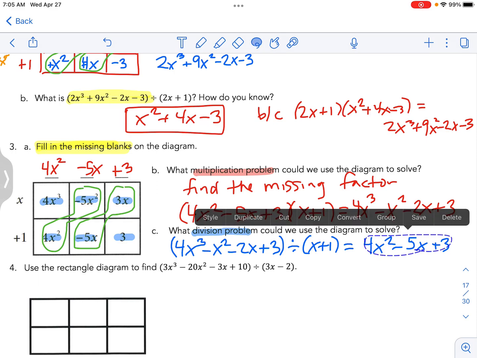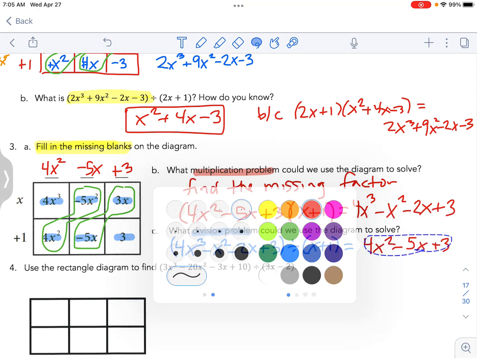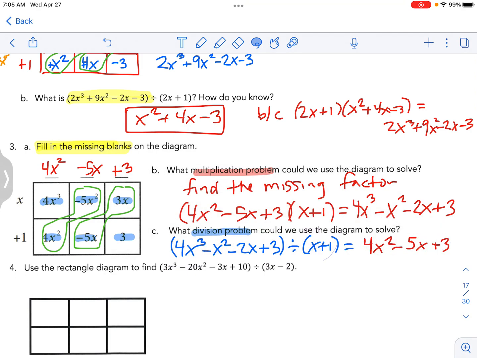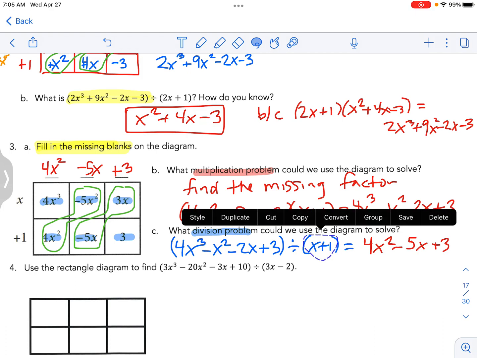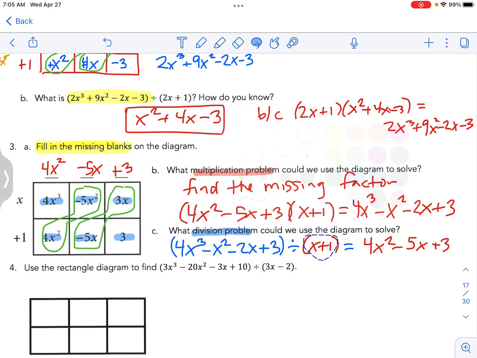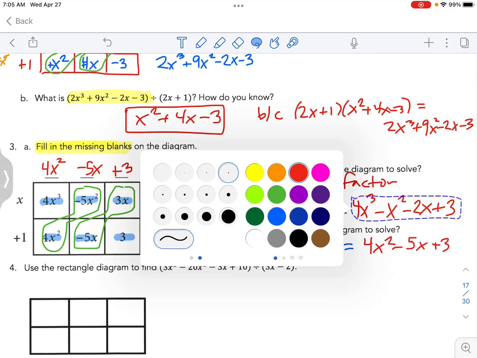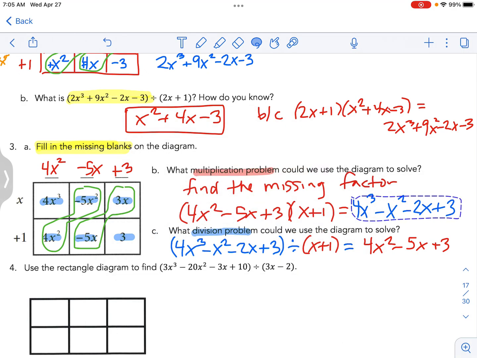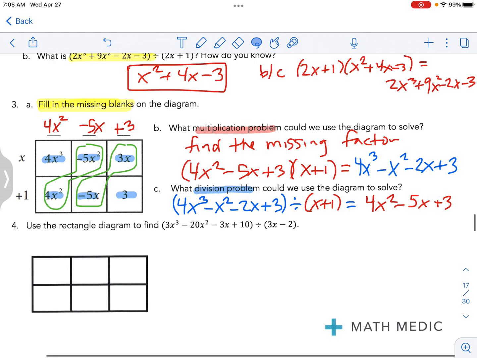And I'm going to color code this because my factors have been red and my products have been blue, so these both are factors, and this is a product. Okay, so it says use the rectangular diagram to find this.